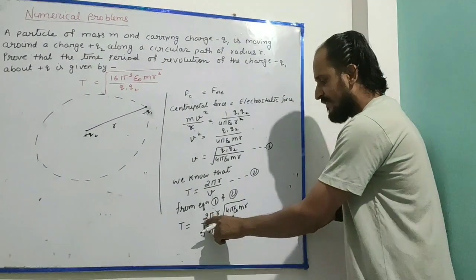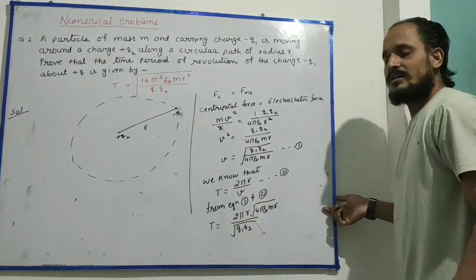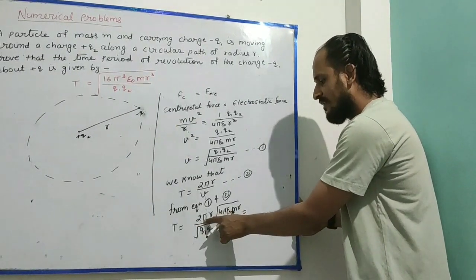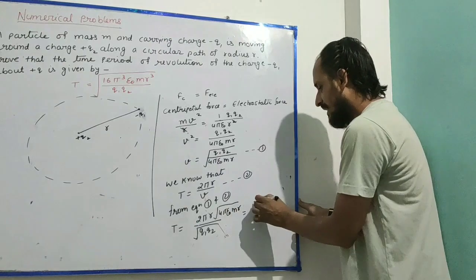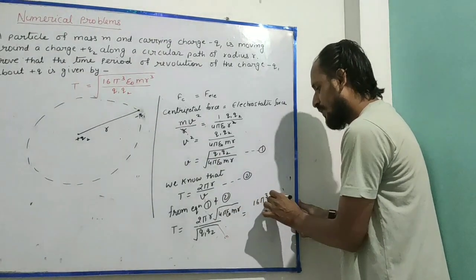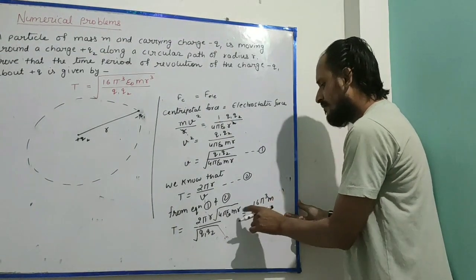Now if we transfer this 2 pi inside the under root, it becomes 4 pi square, and with this 4, it becomes 16 pi square, and with this pi, 16 pi cube m r.